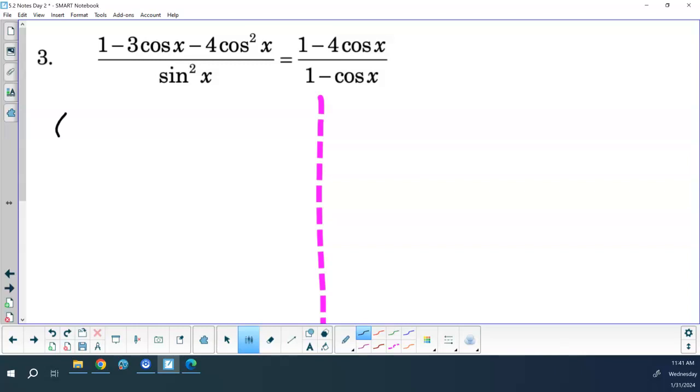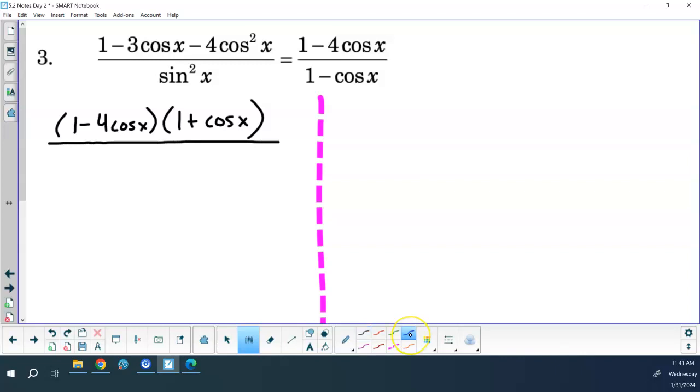What is it factor to be? 1 minus 4 cosine. 1 plus cosine. Right? What can I do with sine squared? One minus cosine squared. Can I factor 1 minus cosine squared?